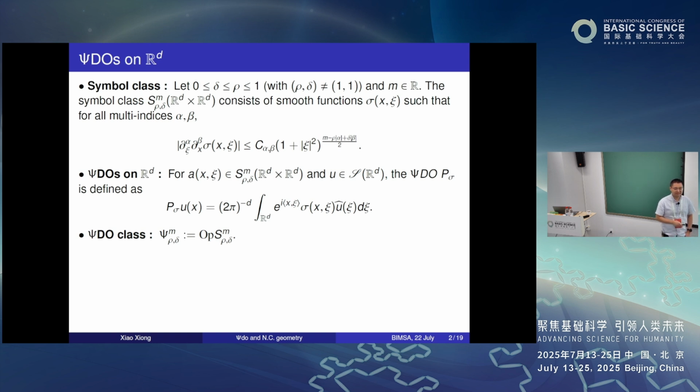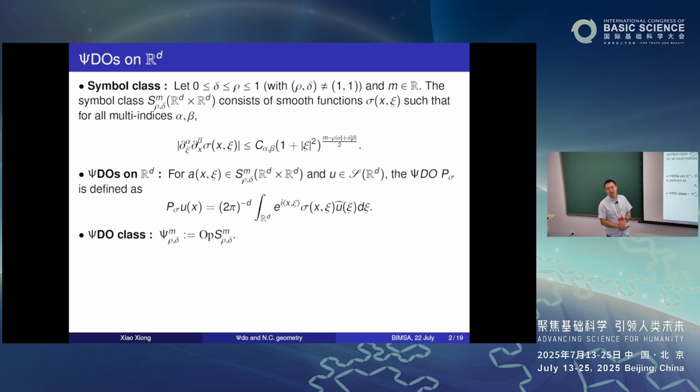This is the very definition of a Fourier multiplier. But on the other hand, if our sigma depends only on x, then we can just take it out, and we do nothing to u. Then it is a pointwise multiplication. These are two extreme cases of pseudo-differential operators.